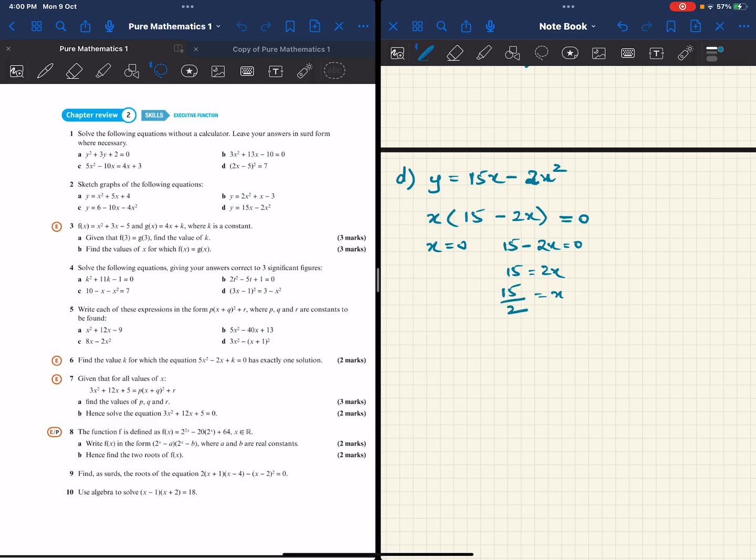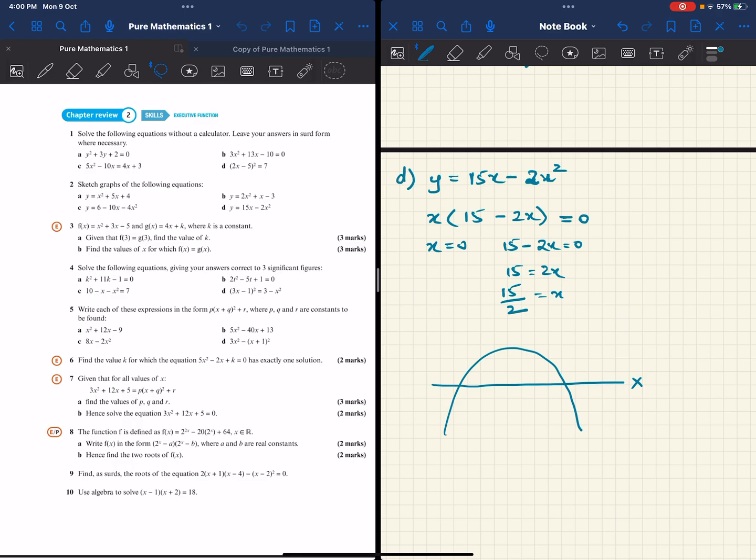We found our x-intercepts. This is our x-axis, and this is an inverted graph. We have 0 as one of the intercepts, and 15 by 2. Okay, 15 by 2 is the greater point. So 15 by 2 is 7.5.